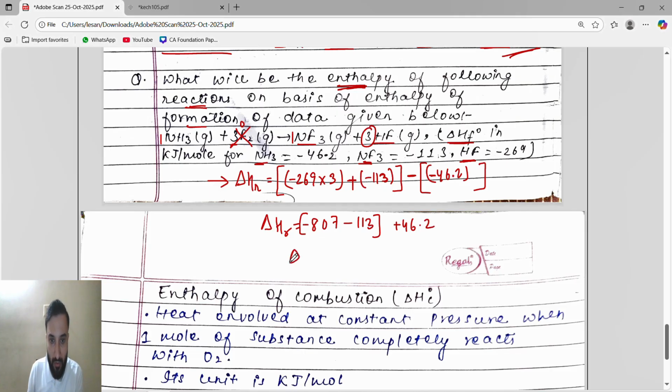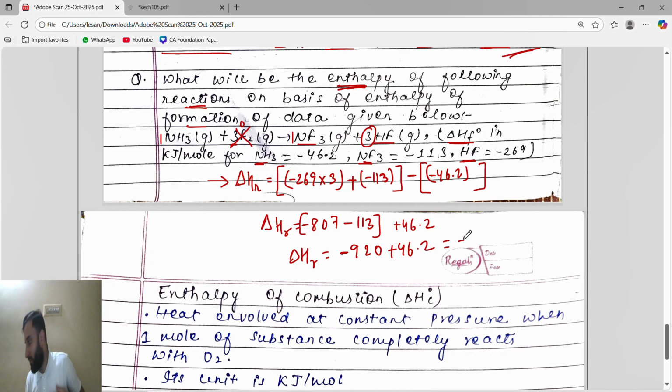Now we will do this delta H of reaction. Minus plus, but it will be minus. So 807 plus 113 is 920, then plus 46.2. Minus plus minus, we will do the minus.